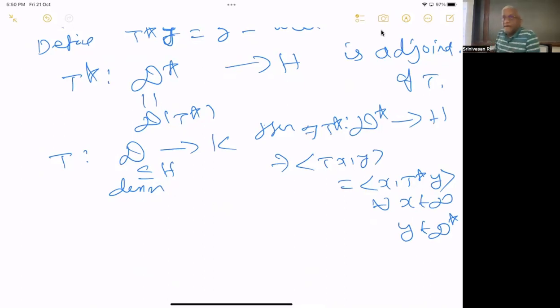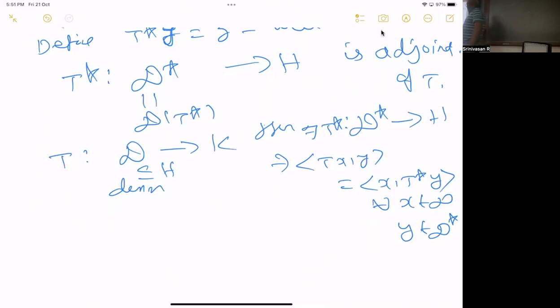Another thing is that this T star is also linear. You have to prove it's linear. By this prescription, T star Y is equal to some Z here. There will exist a unique Z. There cannot exist two, Z1 and Z2, as we have seen.